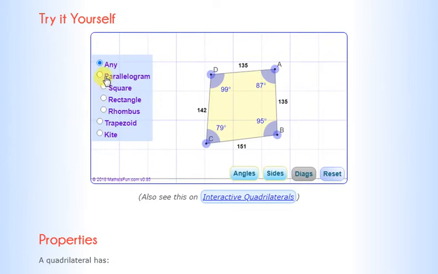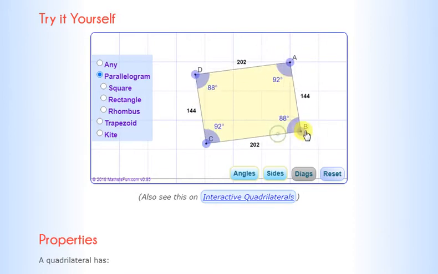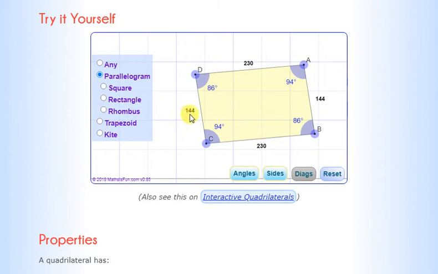The first one is called a parallelogram. A parallelogram is a quadrilateral which has two pairs of parallel sides and opposite sides are equal. If you look at this figure, I can drag it like this, and you can see that opposite sides are equal, 230, 230, 144, 144, and it has two pairs of parallel lines.